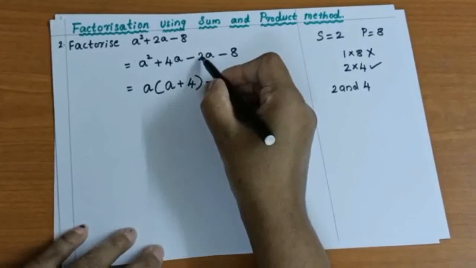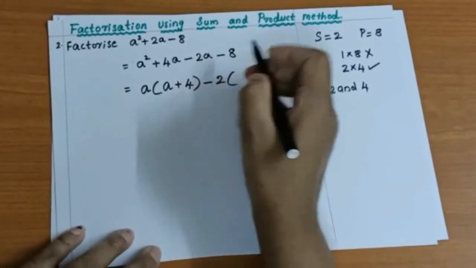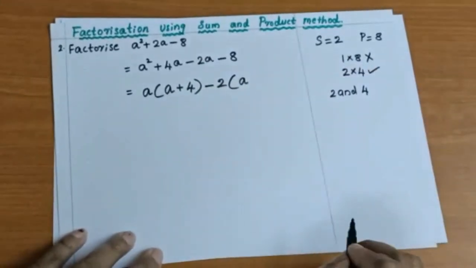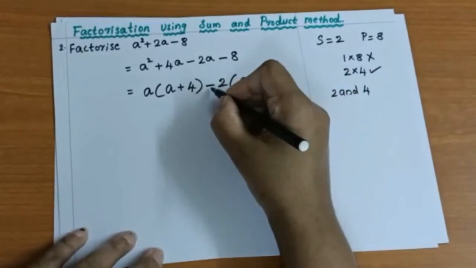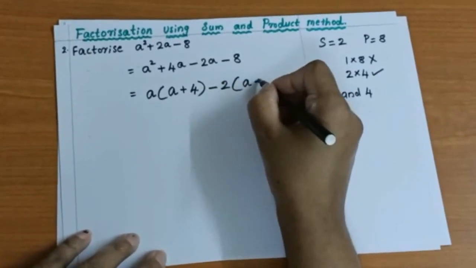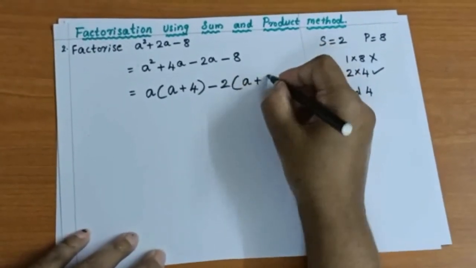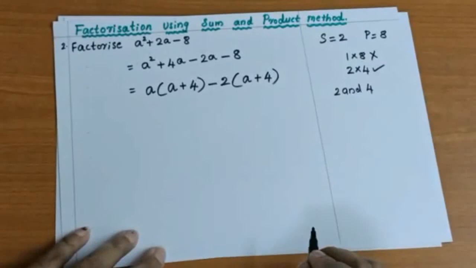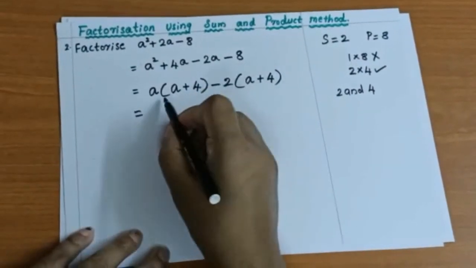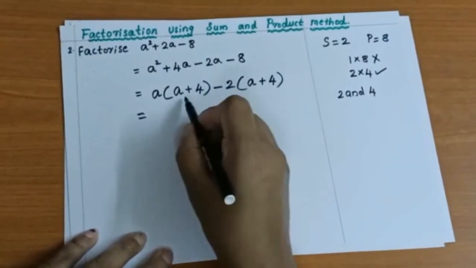When we are taking negative 2 from negative 2a, a is balanced. Negative already we took outside, so it will become positive. 2's table, 2 4s are 8. Then, now a plus 4 is common.